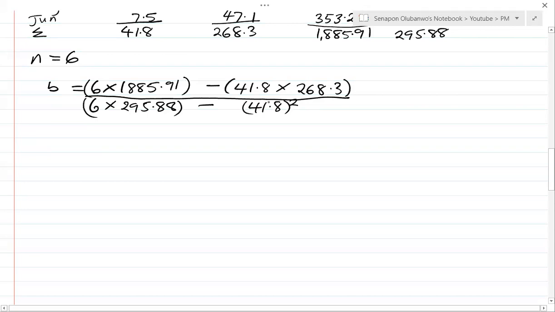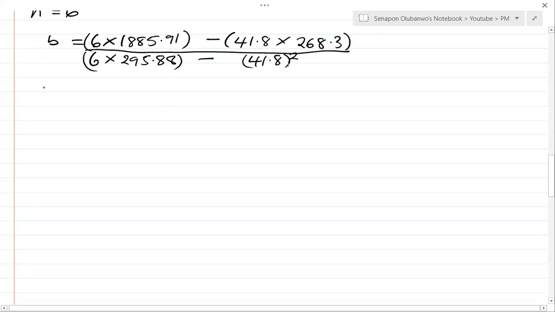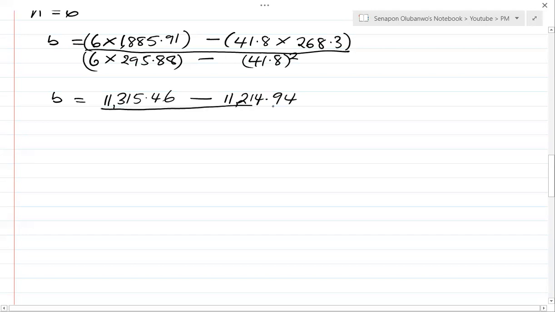We're getting there, little by little. B equals, so let's open the bracket here: 6 times 1885.91 gives us 11315.46, minus 41.8 multiplied by 268.3 gives us 11214.94, divided by 6 times 295.88 gives us 1775.28, minus 41.8 squared gives us 1747.24.